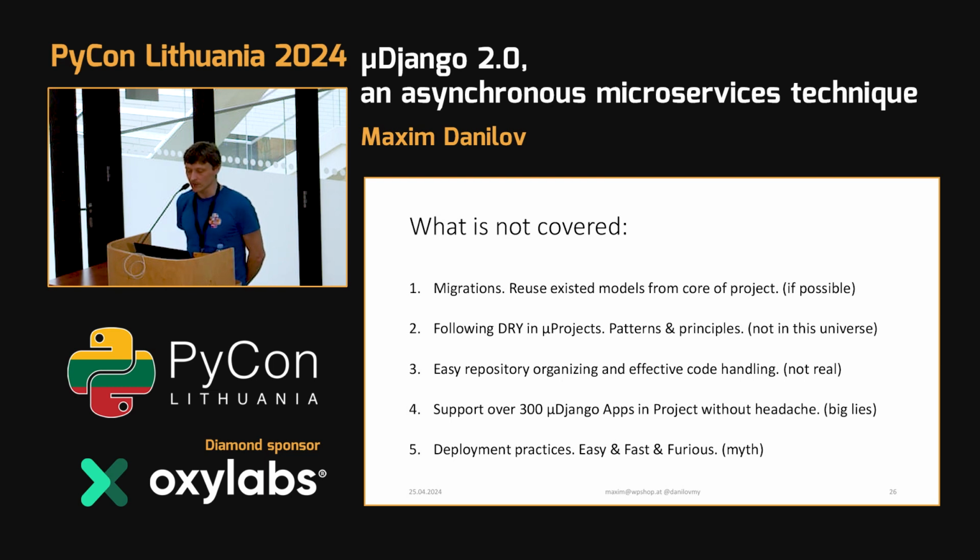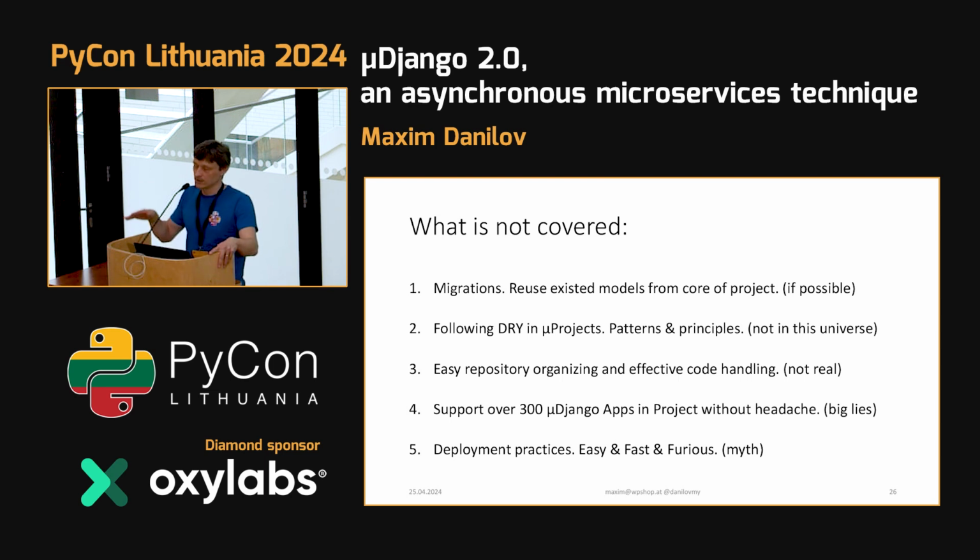Also, I don't cover how we follow DRY in multiple micro projects, patterns and principles, how it's possible. It's not possible in this universe, but doesn't matter. Also, I don't cover how to organize repositories and handle effective code if you need to improve something. It's not real, but it's also possible.